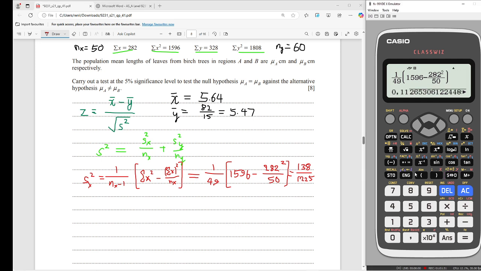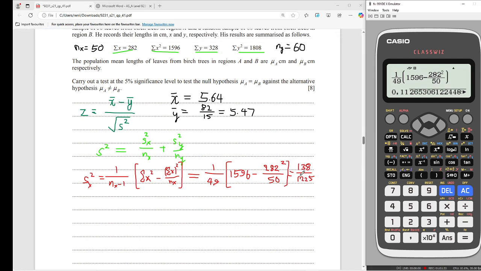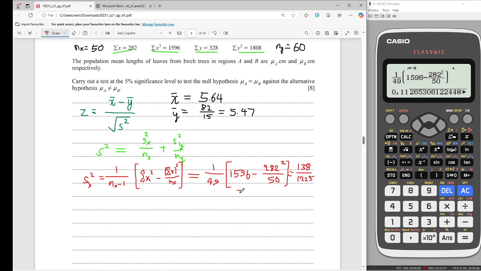This is the S2 of x value, which is a very long value. So I'm just going to write here, which is equal to 0.11265. Just keep it to this many significant figures, no need to go too specific on it.